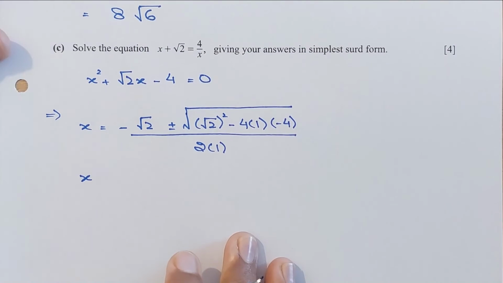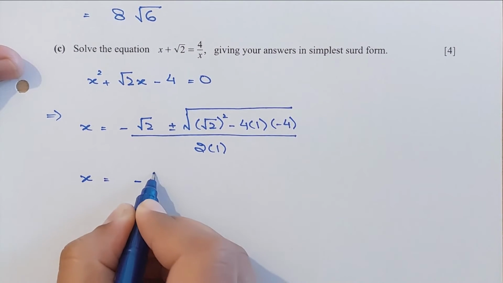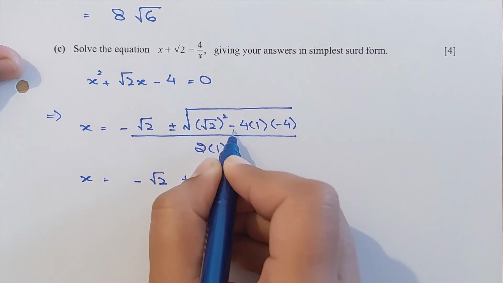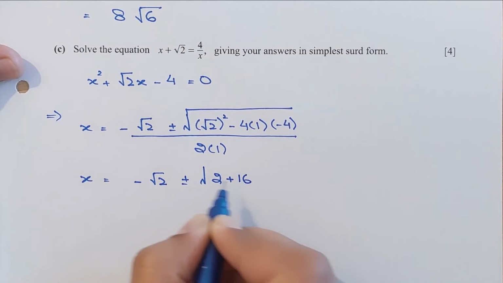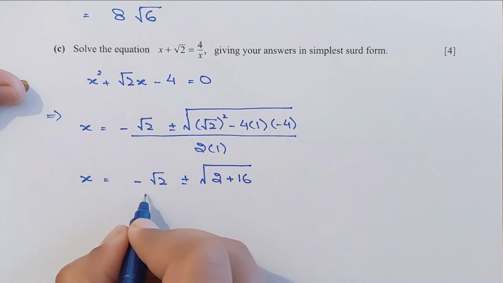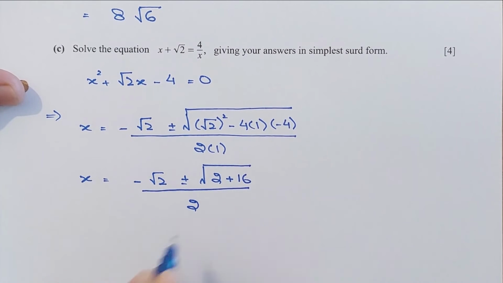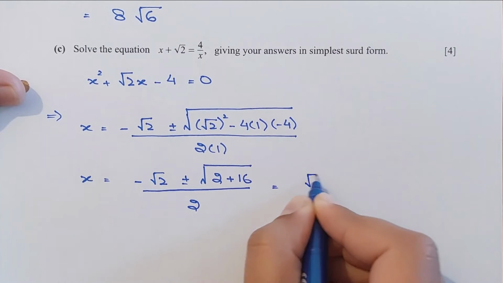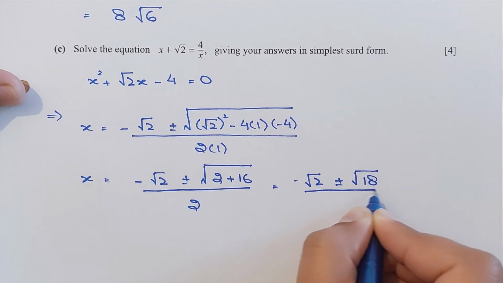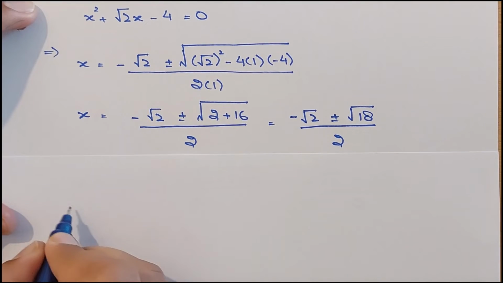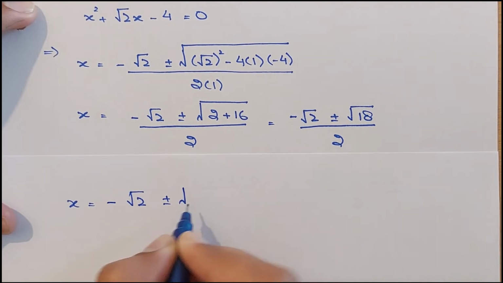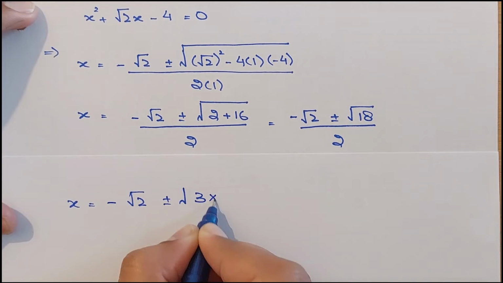Simplify further. We have x is equal to negative square root of 2 plus minus square root. This is just 2 and negative times negative is positive. 4 times 4 is 16. 4 times 4 is 16, yes. And then divided by 2. Okay, further simplification, negative square root of 2 plus minus square root of 18 divided by 2. 18 is 3 times 6.